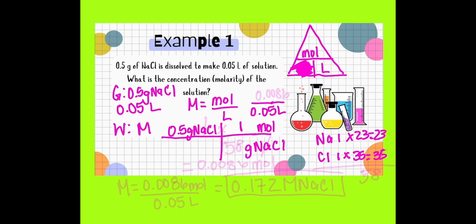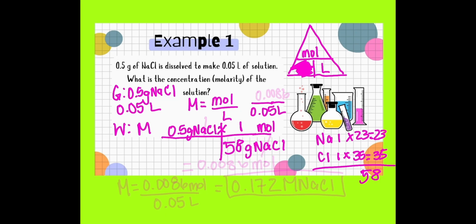Then I'm going to take my calculator and add those two values together. So 23 plus 35 equals 58. Now I'm going to put that right here, and now I have 58. So now I'm going to multiply my 0.5 times 1, which gives me 0.5.